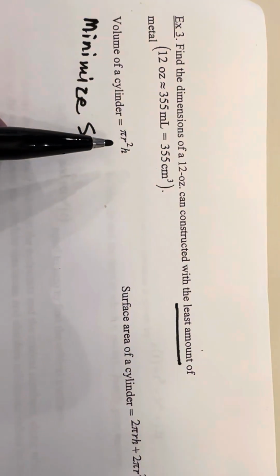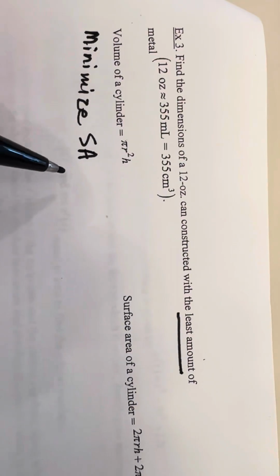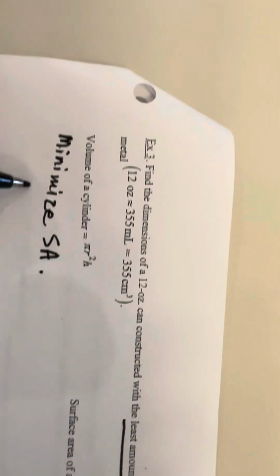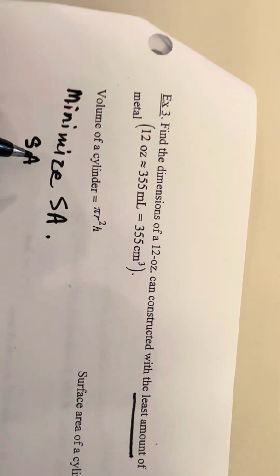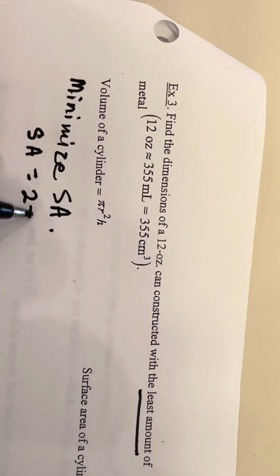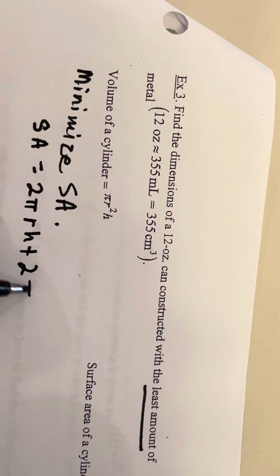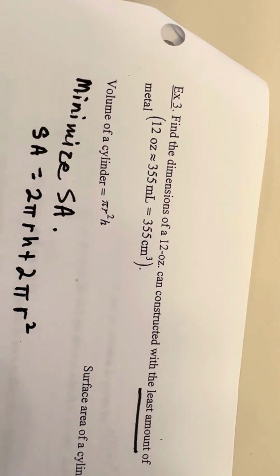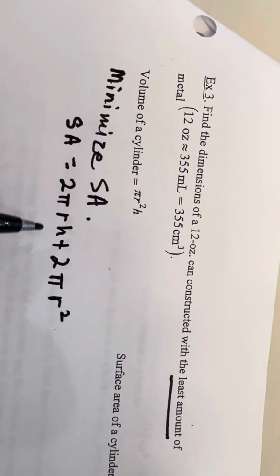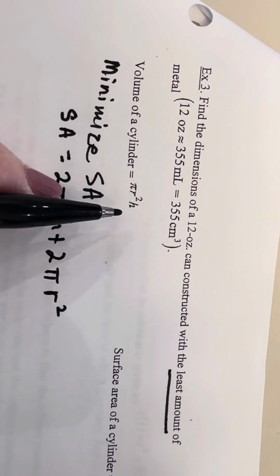My formula that I'm minimizing is 2 pi R H plus 2 pi R squared, and it has 2 R's in it, so we're going to plug in for H using the volume.